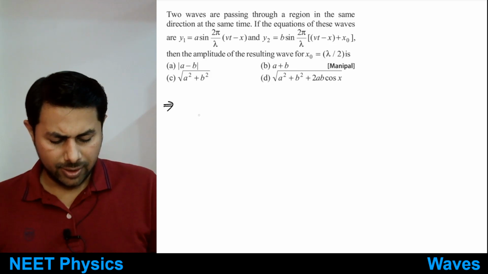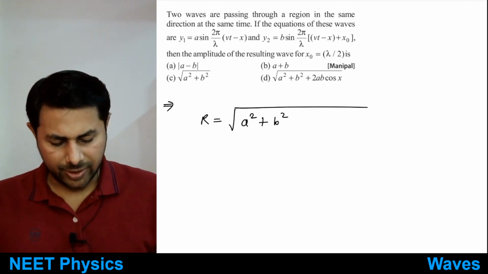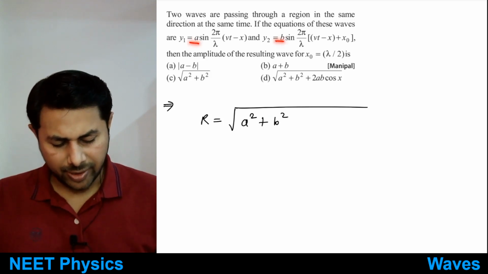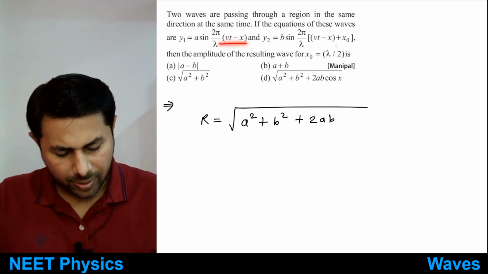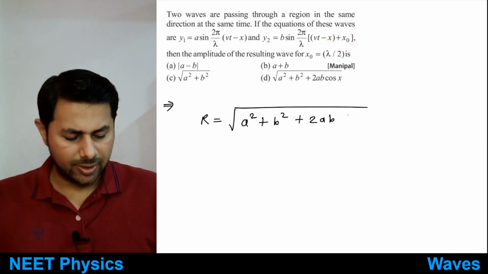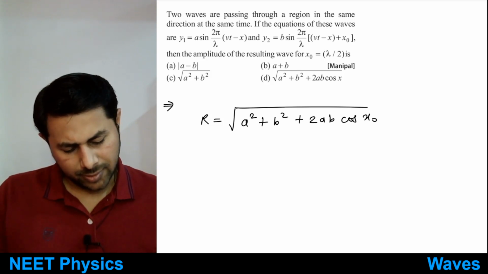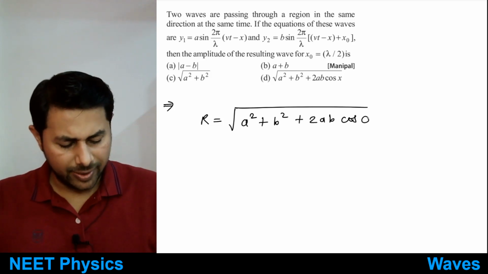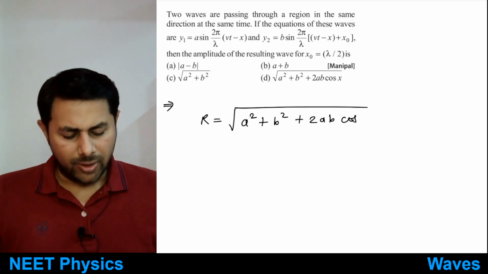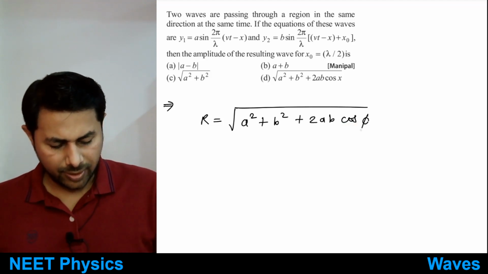So the amplitude, let's say r, would be equal to the square root of a square plus b square plus 2ab multiplied by cos of the phase difference. Let's say the phase difference is phi.